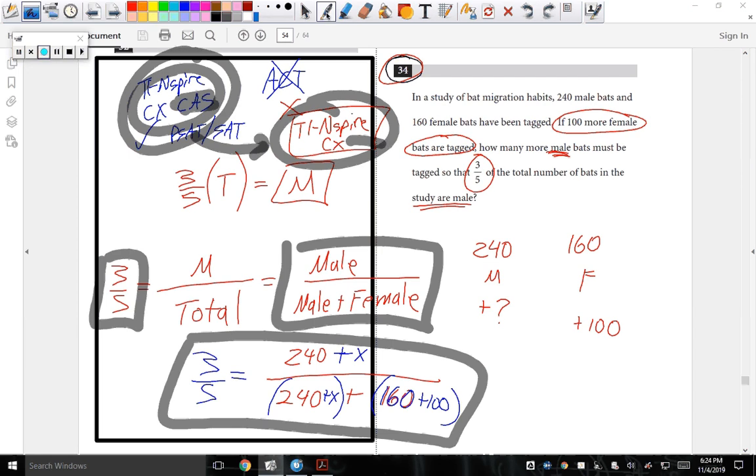Doing it by hand would require you to add these, so that you get like 260 plus 240 is 500 plus X, and then it'd be like 240 plus X is equal to 3/5. Then you'd cross multiply, you divide, you do all kinds of stuff, right?